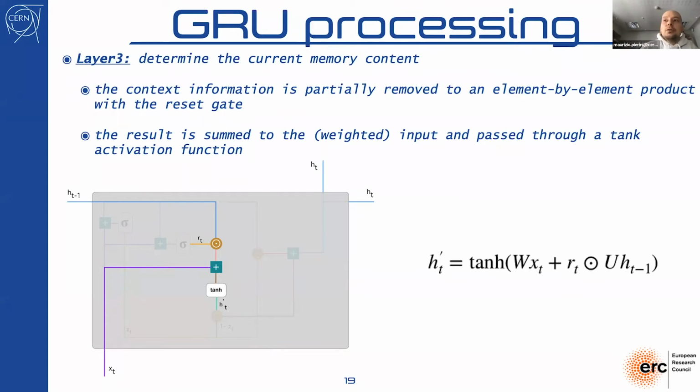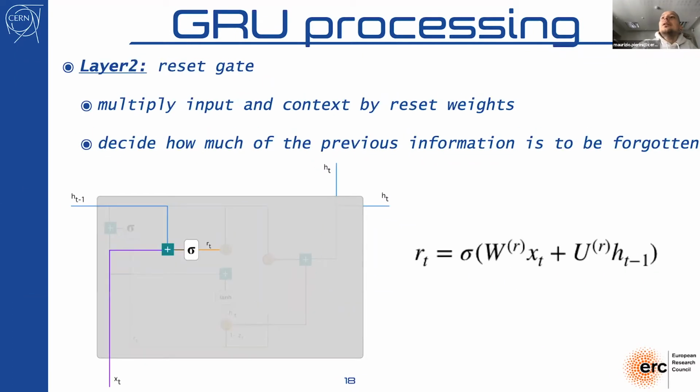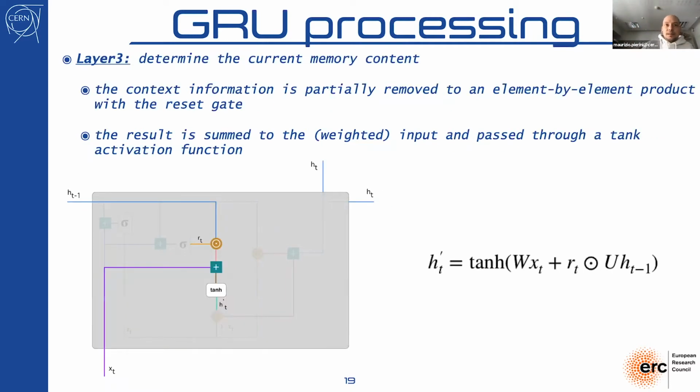And how much you forget or not, so how close to 0 R is, depends on, again, the previous content of the memory and the new inputs. So it's not just updating information, but it's also saying that this update mechanism should happen with a forgetting mechanism in place. And qualitatively, it's the real difference between GRUs and LSTMs.